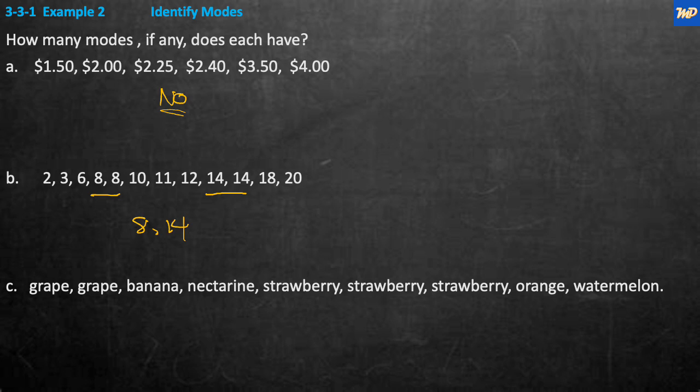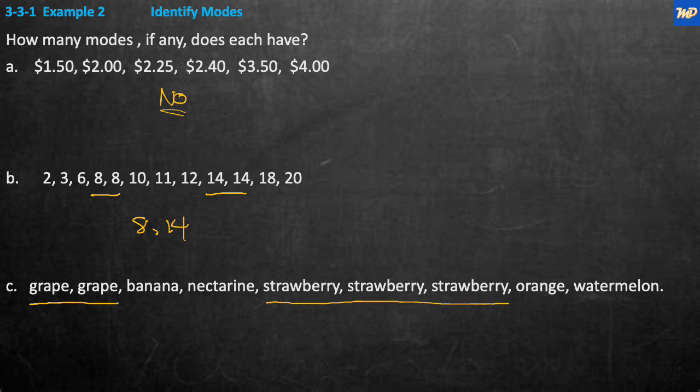Okay? How about this one, they're not numbers anymore, they're fruit. So, grape, right here. Grape and grape. There's a mode right there. Banana, nectarine, strawberry, strawberry, strawberry. Orange, watermelon, strawberry, strawberry, strawberry.